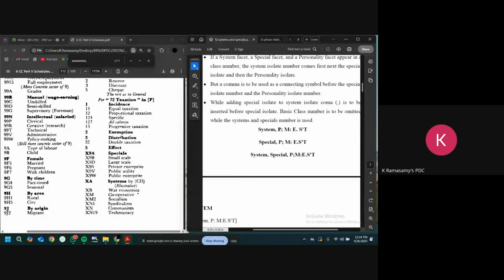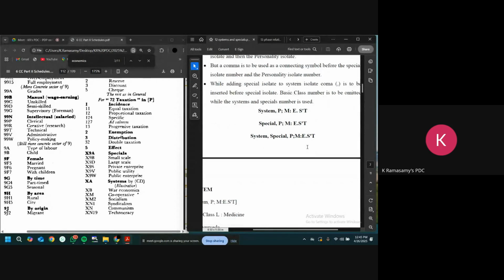As usual, it is the same PMEST, but when you are adding the P to the system number, you should precede it by a comma. Normally, when you are adding a personality to a main class, we are not placing any comma. But here we are not adding the main class, we are adding the system number or the special number. When you are adding the system number or a special number, you should put a comma and then write the personality number. This is one difference you should always remember.